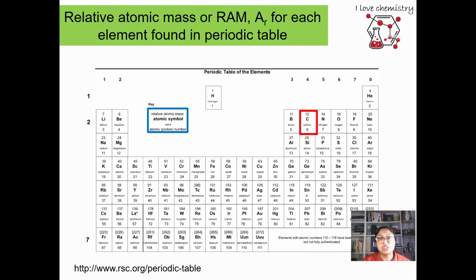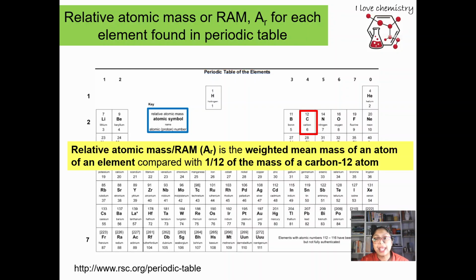By definition, relative atomic mass is the mean mass of an atom compared with 1/12 of the mass of a C12 atom. Mass of each element relative to C12, that is why we are saying it relative atomic mass or RAM. The symbol is Ar.